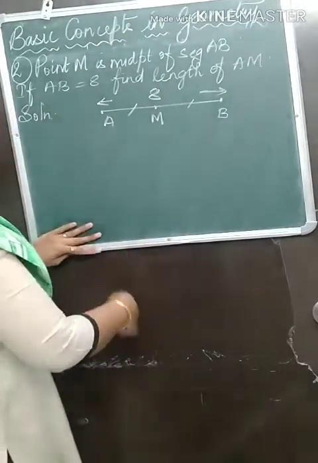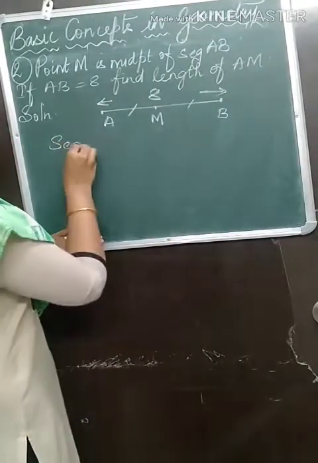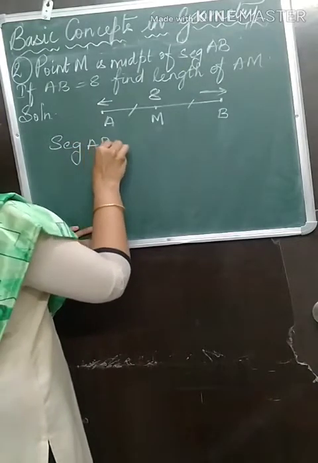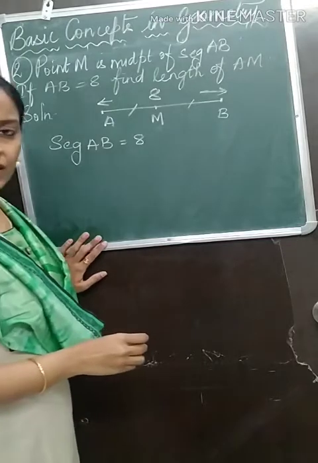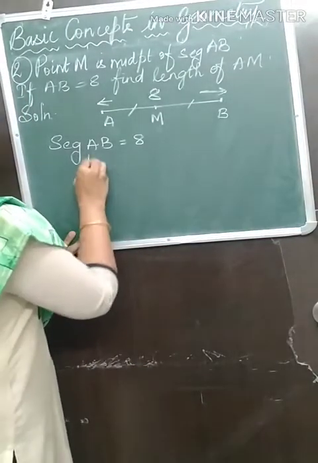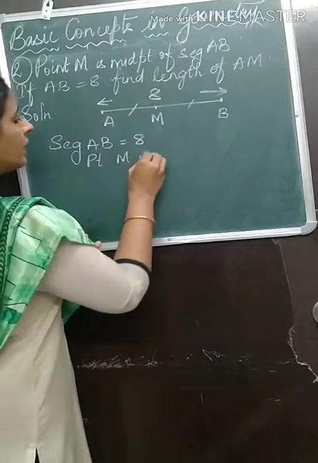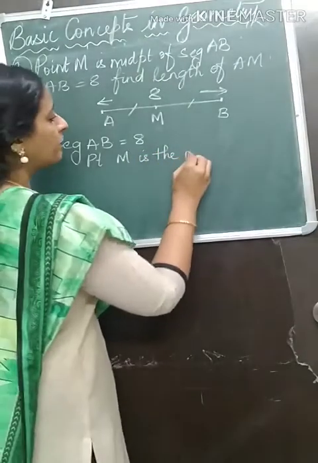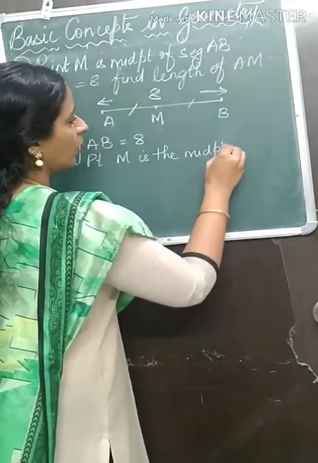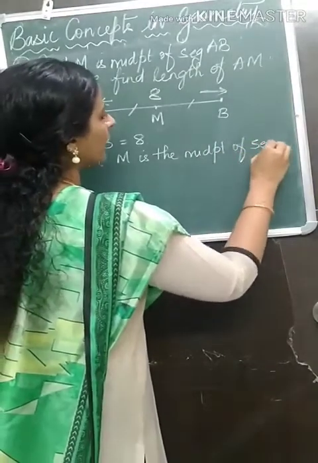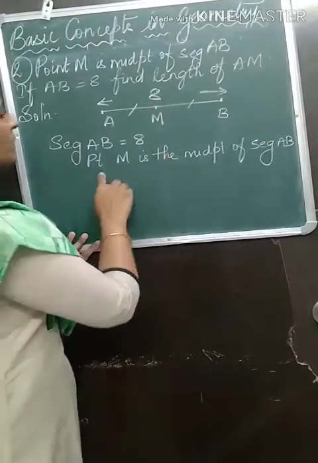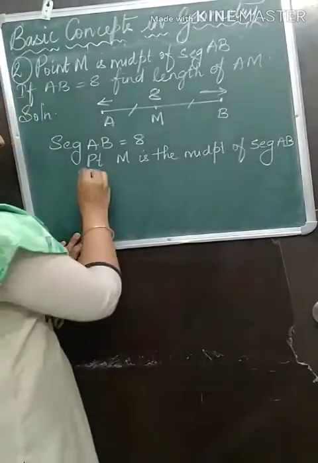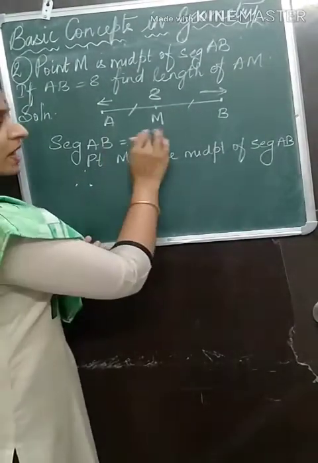Okay, start. Write down segment AB is equal to 8. Then write point M is the midpoint of segment AB. Therefore, which two equal parts are formed now?